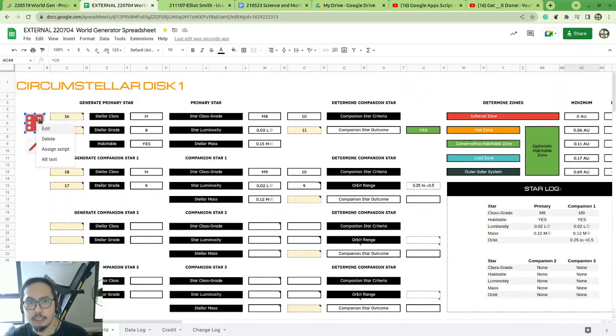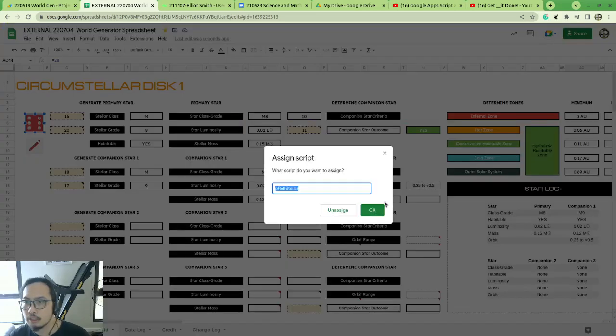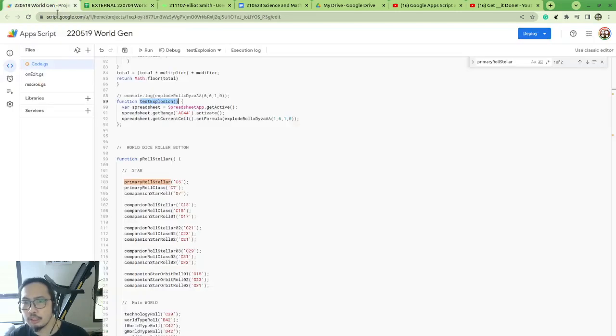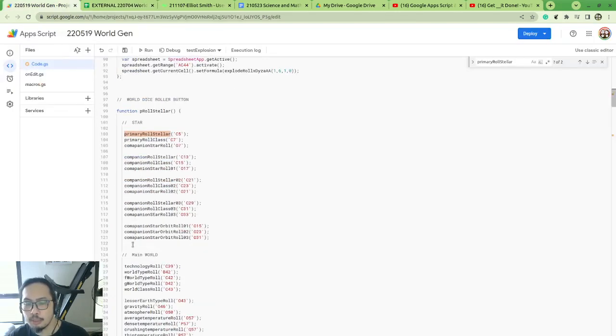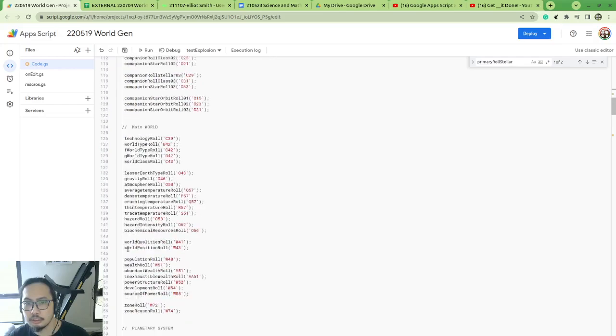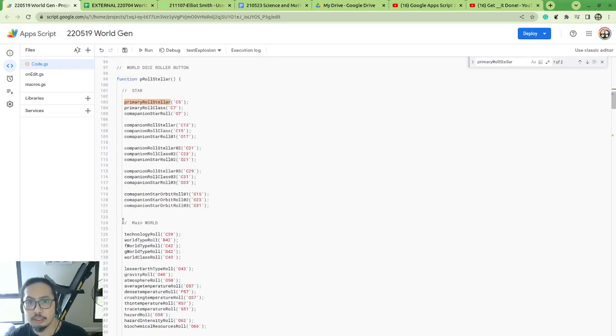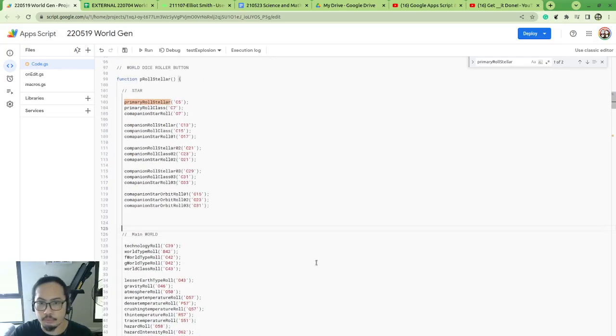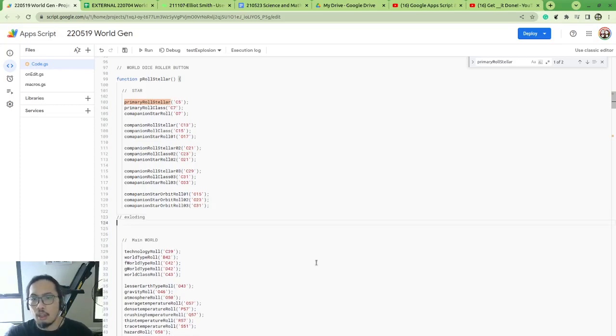With the right click I can see the script P roll stellar. So I'll look at P roll stellar. That's P roll stellar, and I will add exploding, AC44.